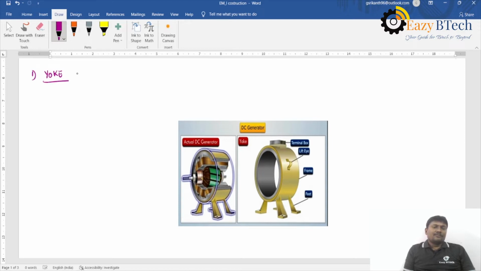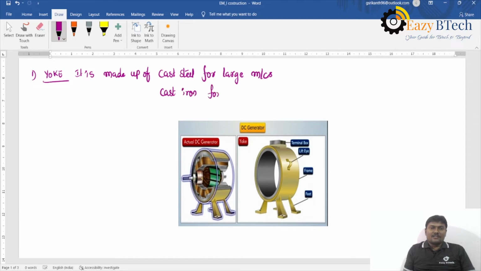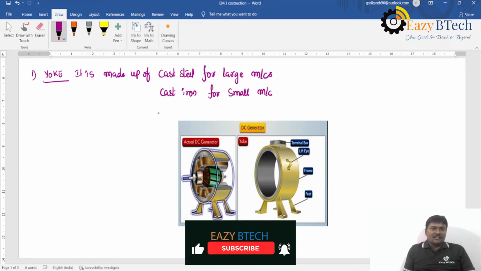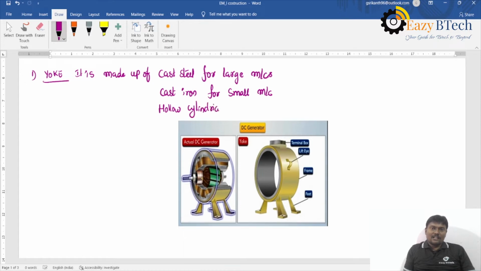Yoke is made up of cast steel for large machines and cast iron for small machines, and it should be in a hollow cylindrical shape.